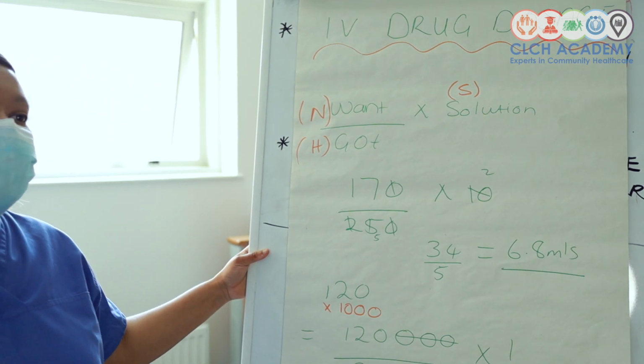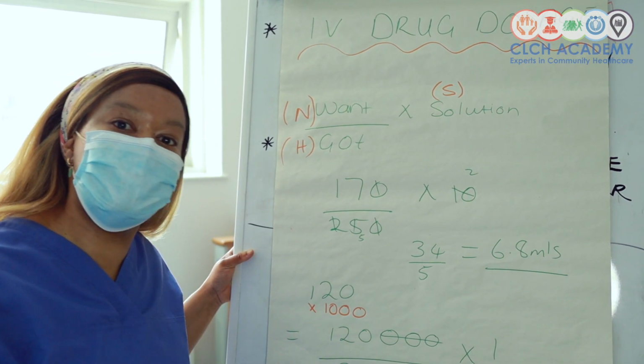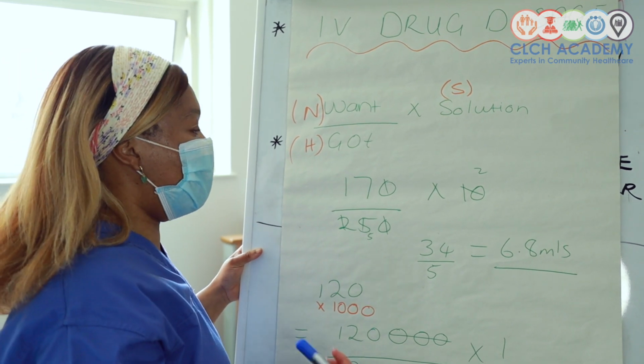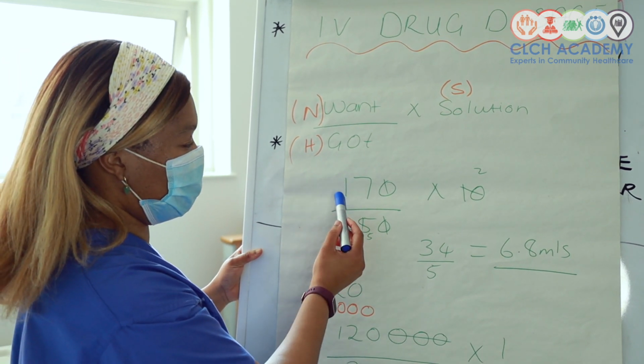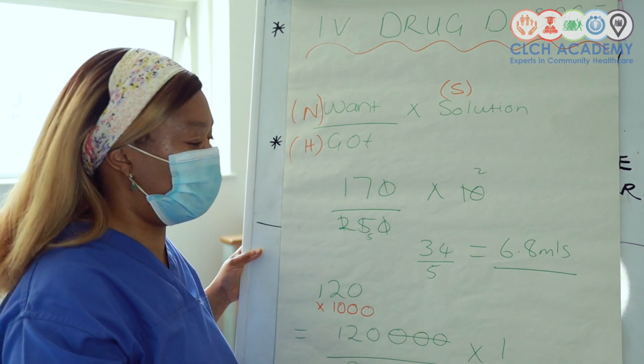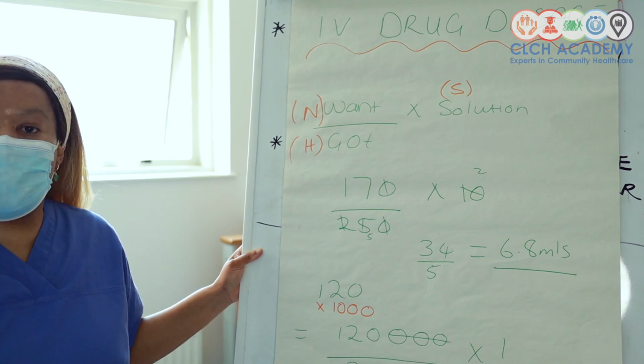Again, if you're not comfortable crossing off zeros, then don't cross off zeros. For most things, you can use a calculator. Basically what you're doing is dividing 170 by 250 and multiplying that by 10, and entering that into your calculator should give you the answer 6.8 mils.